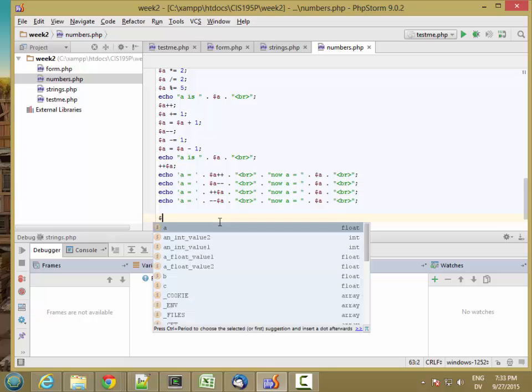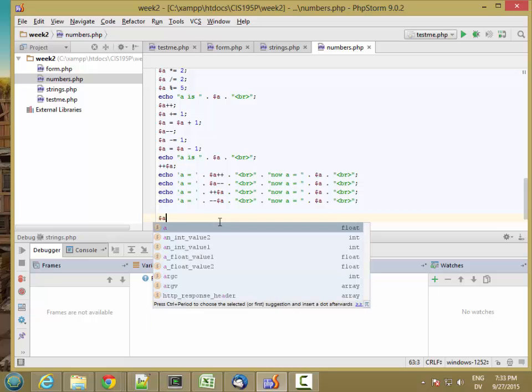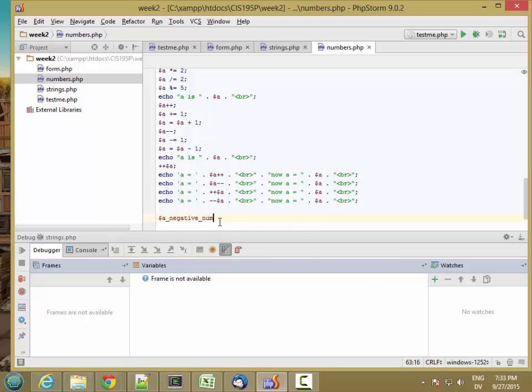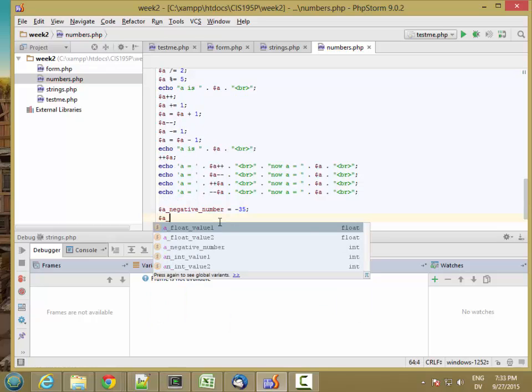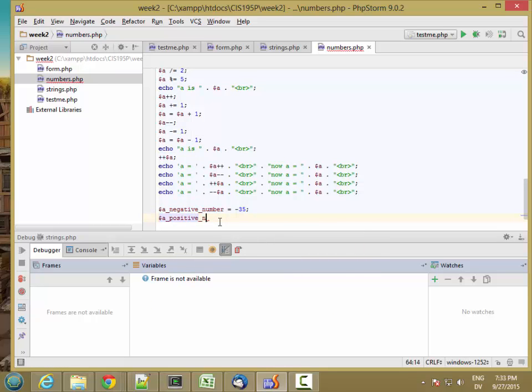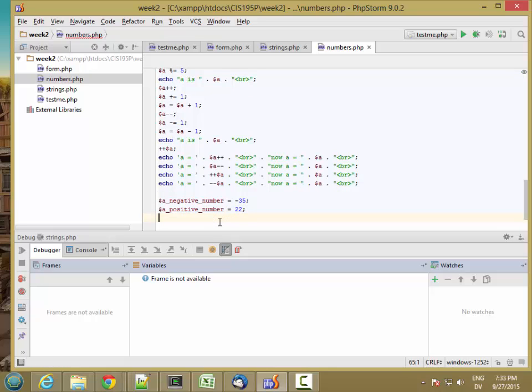So for example, let's say a negative number is minus 35, and a positive number is 22.